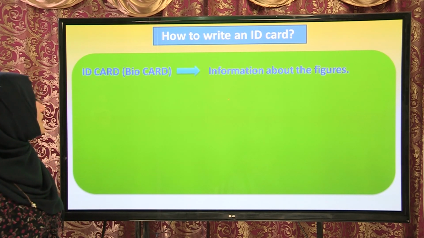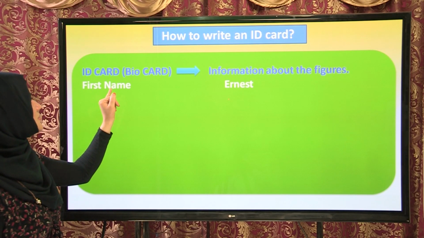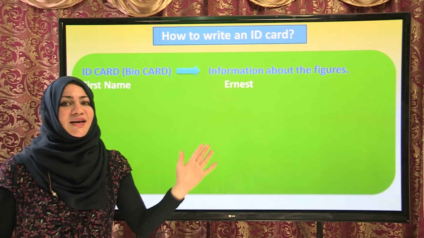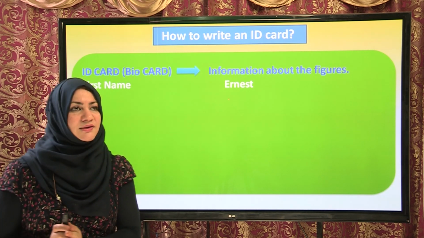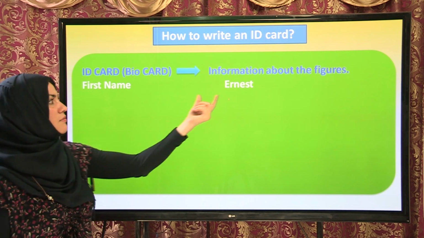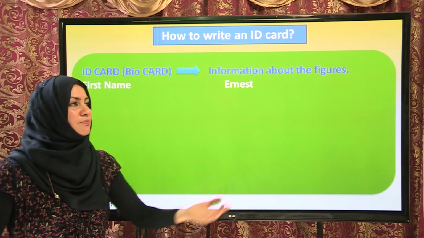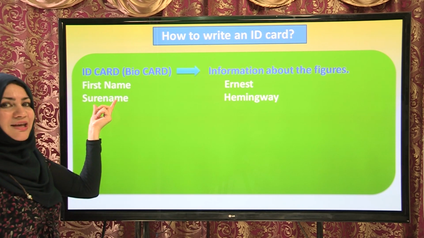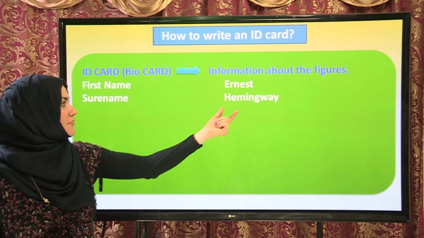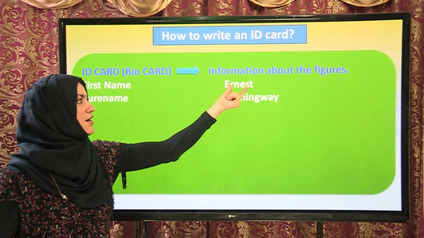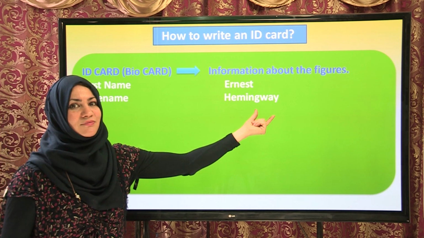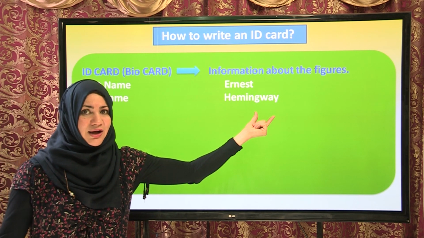It's information about the figures, an important, famous, any figure. We see here the first name. This is just an example. We will give an example about an American writer. The first name, Ernest. The surname, family name, Hemingway. He is an American writer.